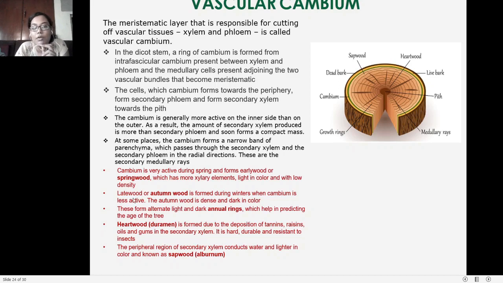Now late wood or autumn wood is formed during winter. In winter the cambium action is very slow and the cambium becomes much more inactive, so it forms dark, dense colored wood which is called autumn wood.